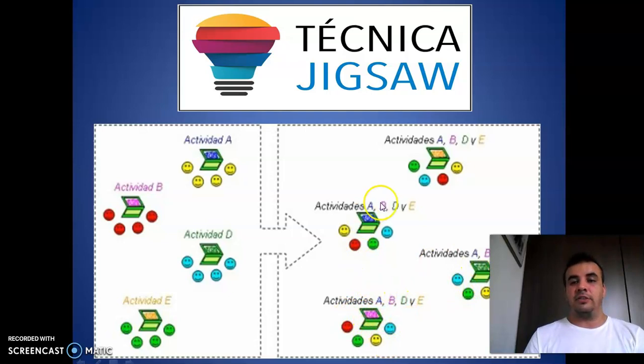And after some minutes, the teacher will go to see the information that each group gives him. This activity is very important because the students are concentrated on what they learned, what they have to do, and they are listening to the other partners.